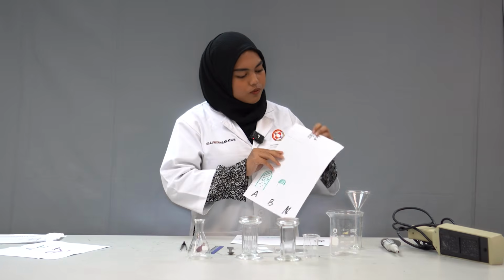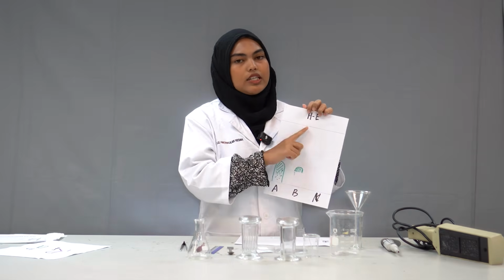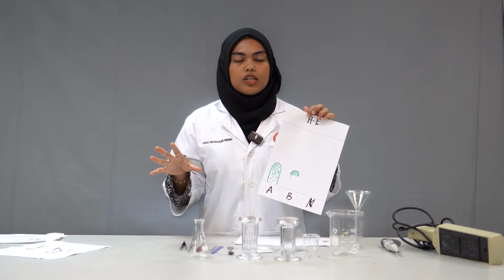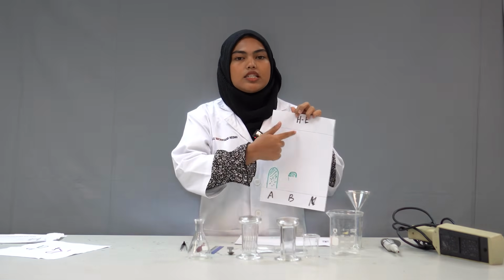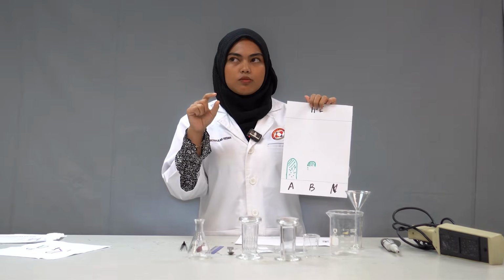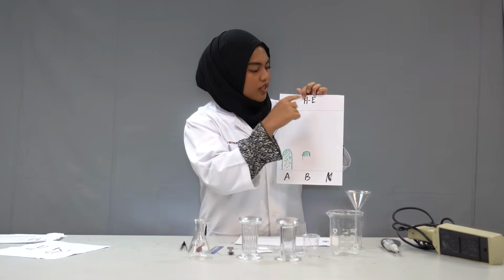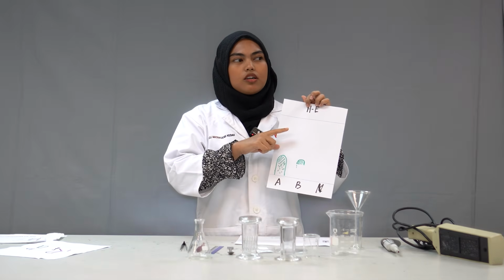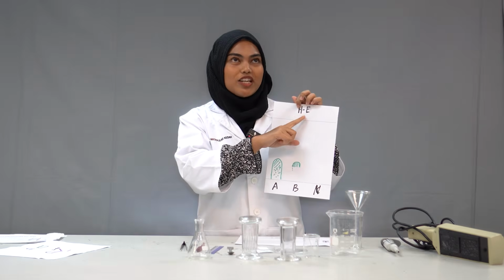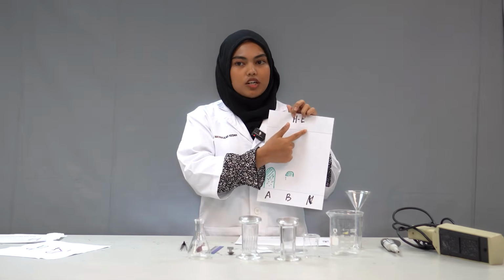Let's take a look first at the hexane and ethanol mixture. Hexane is a non-polar compound, because it is a hydrocarbon and has weak intermolecular forces. Ethanol has an OH group, so it can form hydrogen bonds, so it is a polar compound.